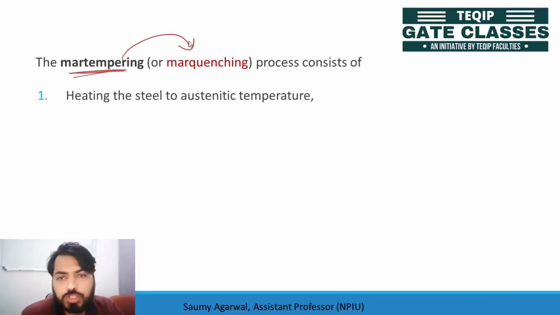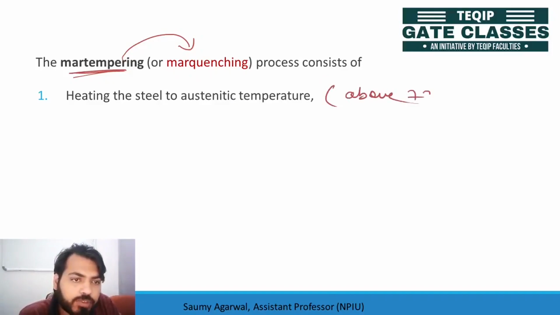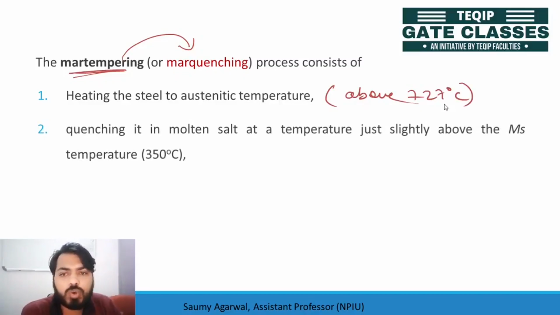So what you do is similar to austempering, but again there are some smaller differences. You have to heat the steel to the austenitic temperature, above 727 degrees Celsius. Then you have to quench it in a molten salt bath at a temperature just slightly above the martensitic start temperature.